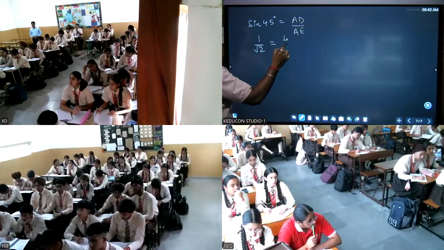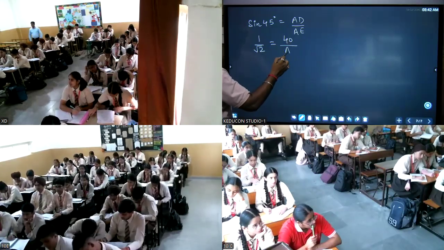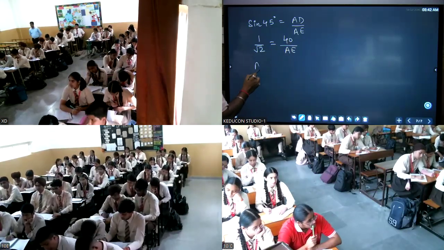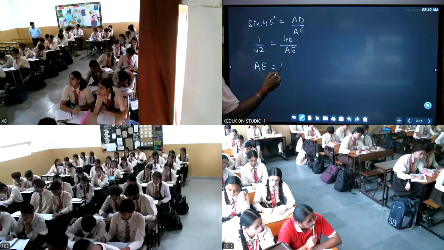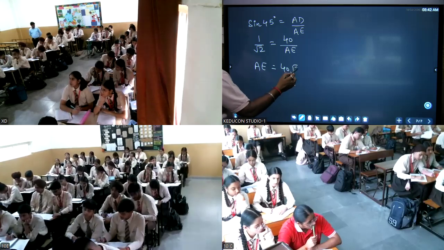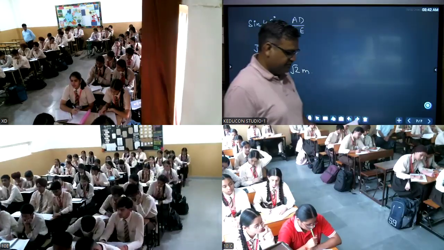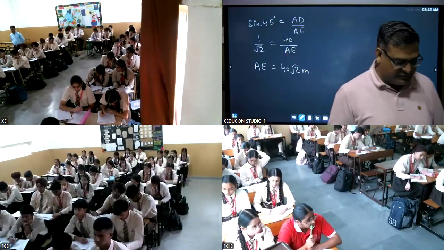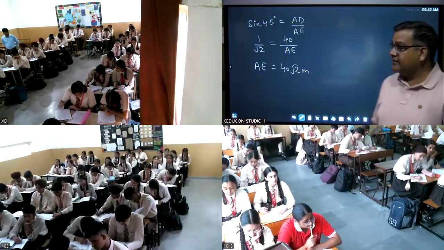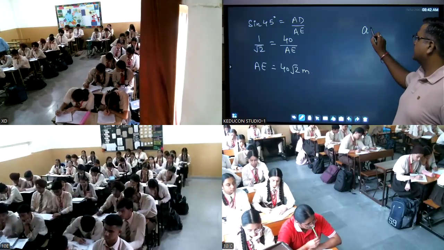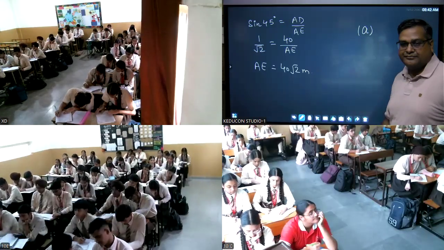What is AD? 40 upon AE. So cross multiplication, this comes out to be 40√2 meters. So option A is the right option. Understood, ji?